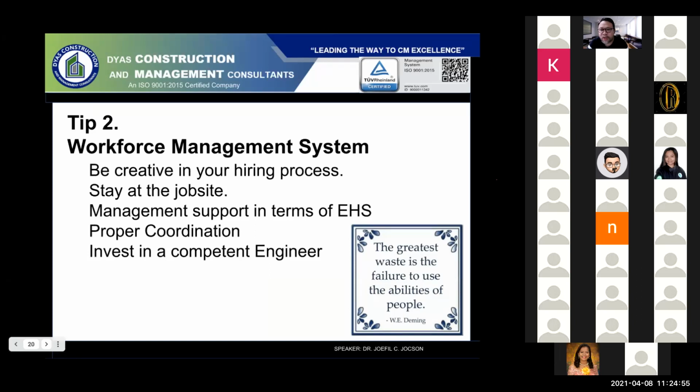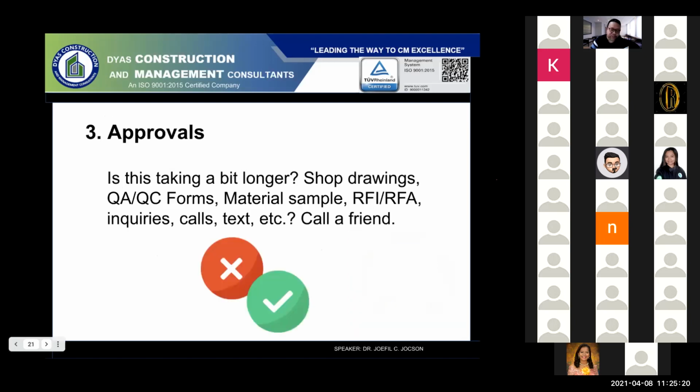But of course, sabi ko, kailangan mong i-monitor yung project mo. And the daily activity report I said earlier is one, no, para ma-monitor mo yung project, and require your engineer for that. Okay? That's why you need to invest in one competent engineer. Okay? So workforce management system ang solution.